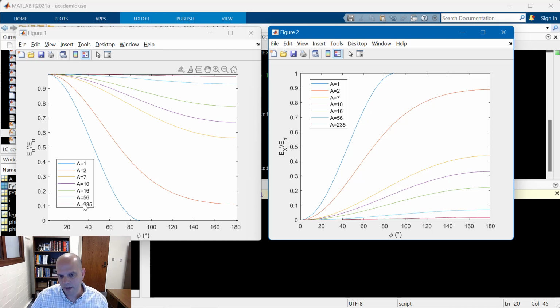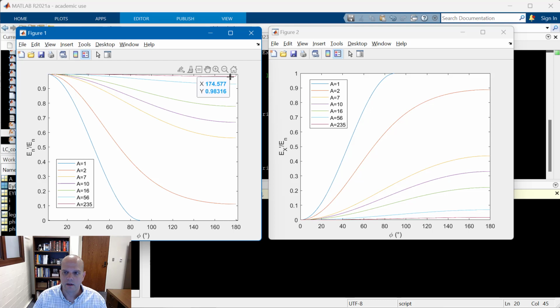If I have a large mass number, that's this curve at the top here, then the ratio of my neutron after to before is a little less than 1, but it's approximately 1. So over here I've got a ratio of 0.98 or so. That means that I decreased the energy by just 2%. The neutron coming in versus the neutron going out only changed by 2%.